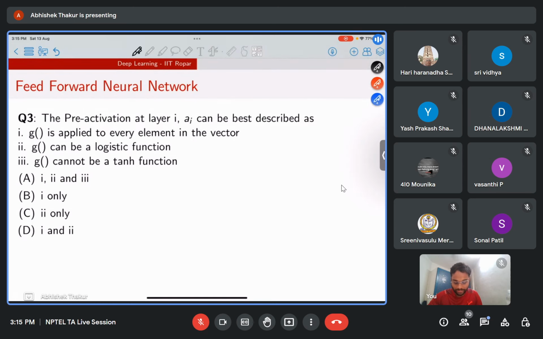Now coming to the next question, that is question 3. The pre-activation at layer i, Ai, can be best described as. So what will be the option? There are three statements given in this question. The first is that the G function is applied to every element in the vector.